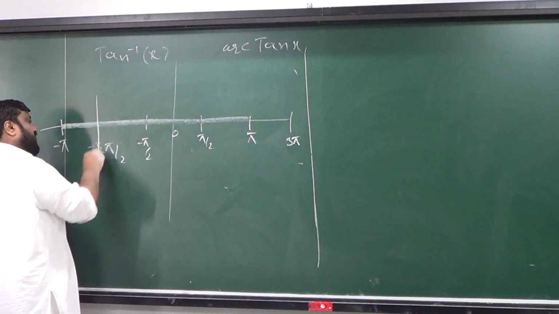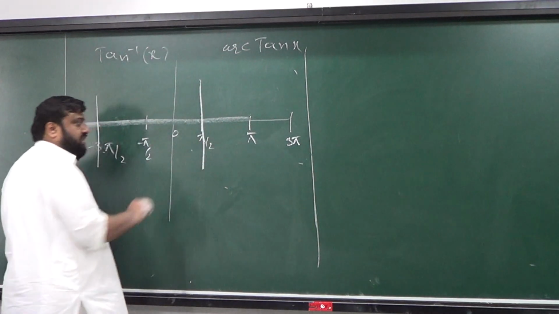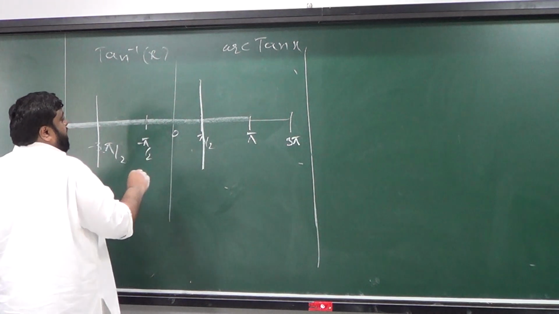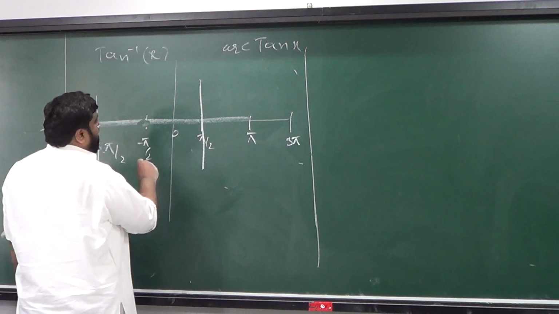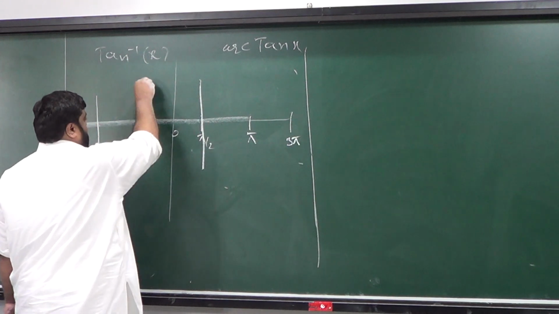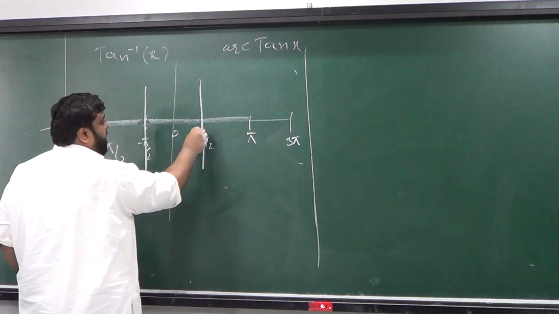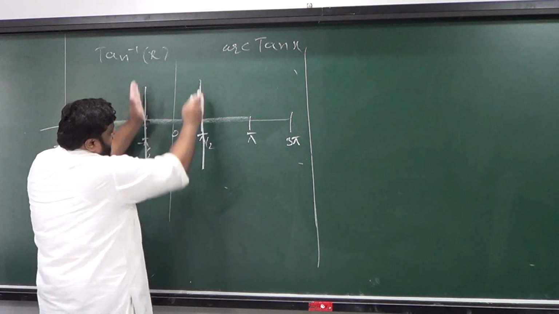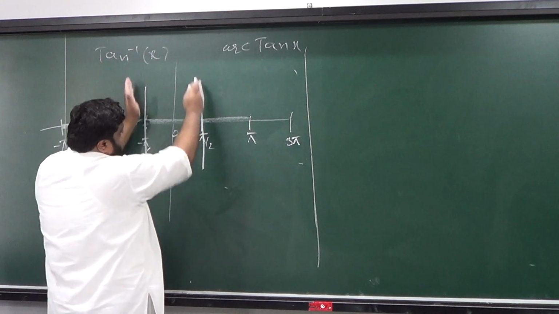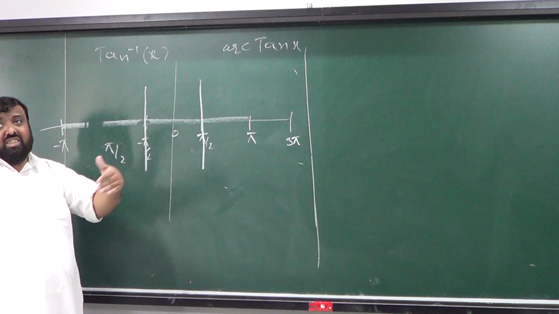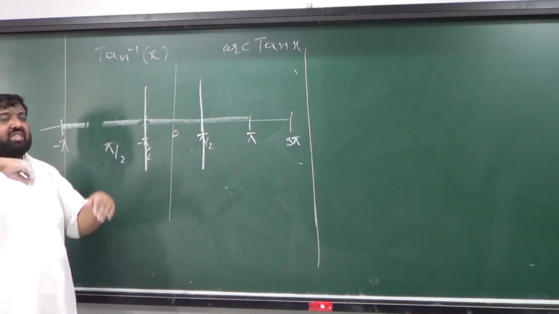Take any interval of length pi. For example, I am focusing on this interval. Actually, I should take minus pi by 2 to pi by 2, which is going to be a pi. If you look at the graph of tangent x here, we know that tangent x is sine x by cos x.